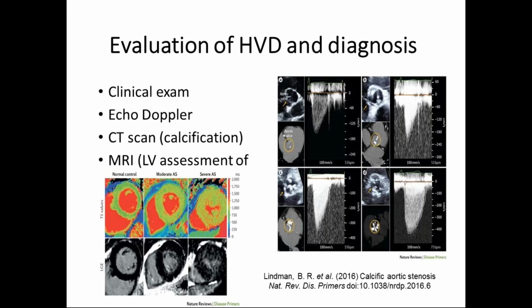So if we go to the clinical evaluation of patients with heart valve disease, the first step is obviously the medical history and clinical exam. If there is a suspicion of heart valve disease, echo Doppler is by far the first modality to use and the modality of choice. It allows three things. First, it evaluates the function. It measures gradients through the valves.